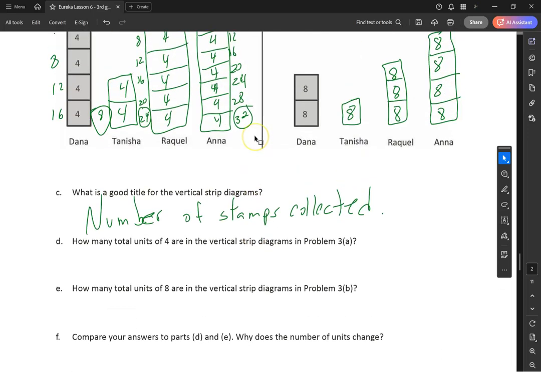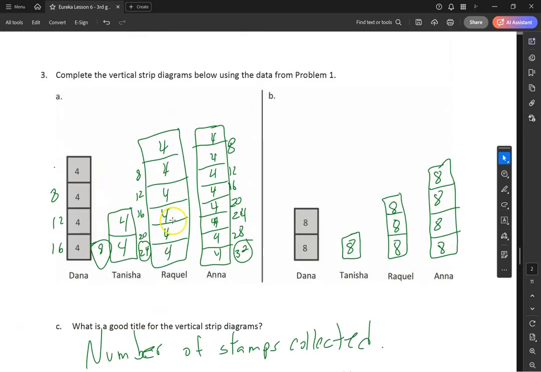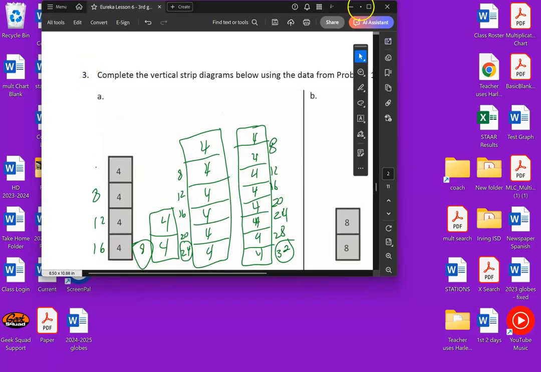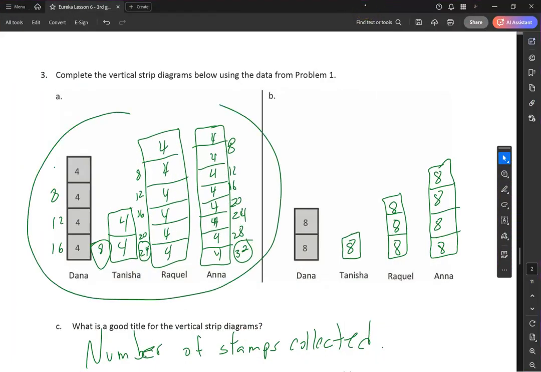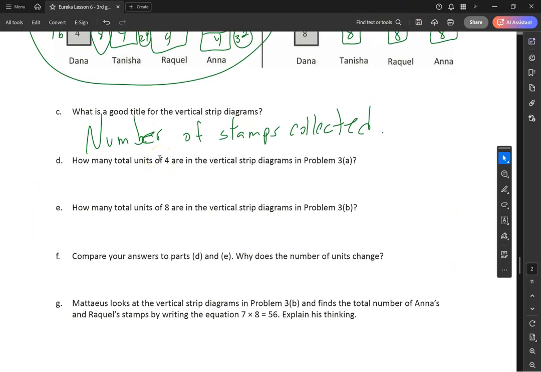So if we count all of these square units, they want to know how many there are. There are 20 units of 4.